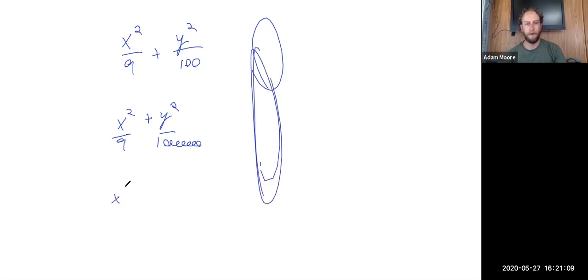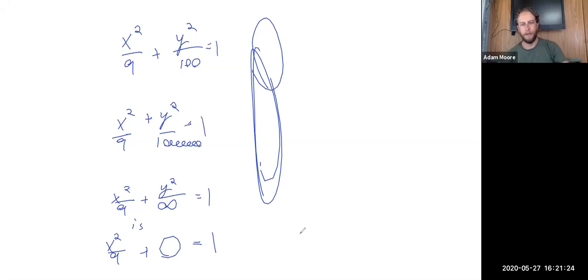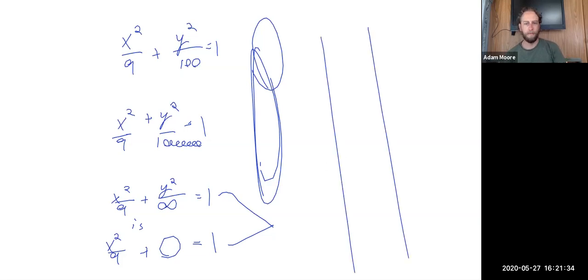And then finally x squared over 9 plus y squared over infinity is basically x squared over 9 plus 0 equals 1. If I put it over infinity, it's basically just being a 0. At that point, we've got straight lines.